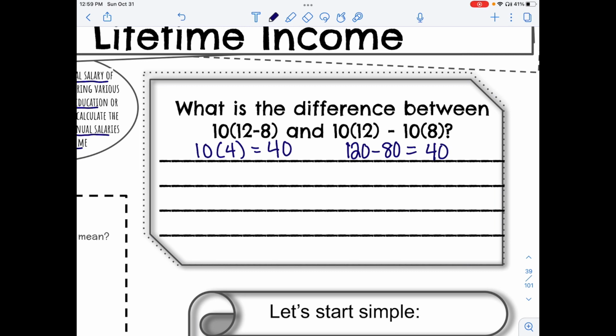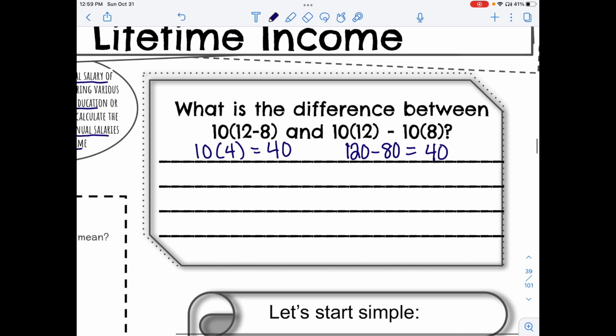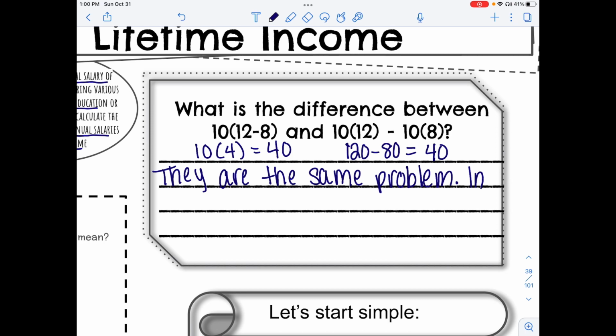Oh my God, I get the same answer. So they are the same problem. This is very important to remember. In the first one, you subtract first, then multiply.